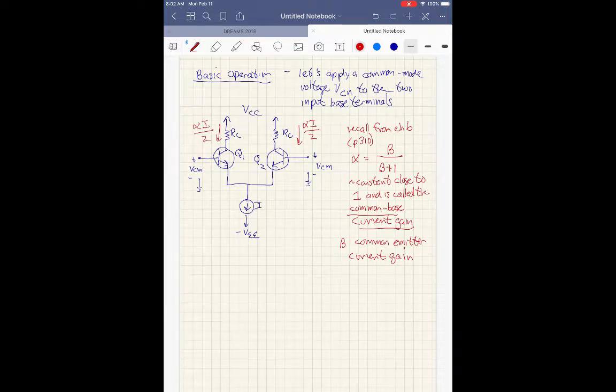We can call this just I over 2, our emitter currents. And VCM, if you remember, and I know you do, silicon transistor, we're going to drop 0.7 volts between the base and the emitter.